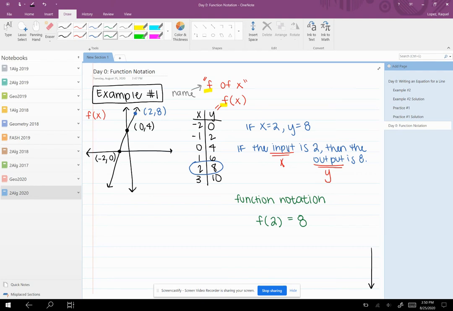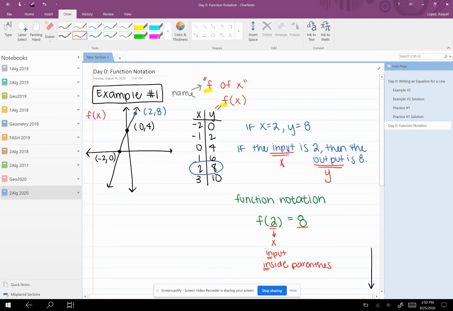I want you guys to notice a couple things. The 2, which is inside the parentheses, is the input. So this is your x value. Because it's the input, it goes inside the parentheses.